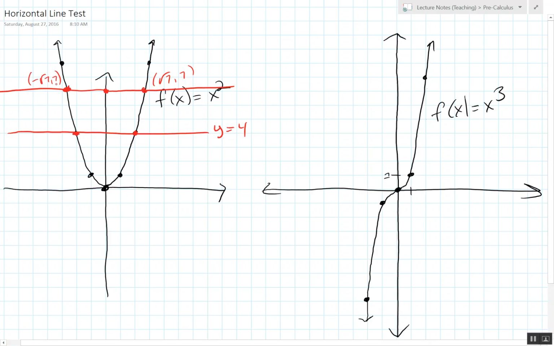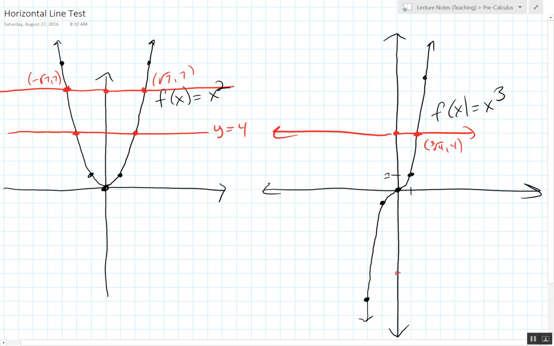But notice over here we have this point here, which is 4. So it will intersect the graph just once here, at the point (cube root of 4, 4).